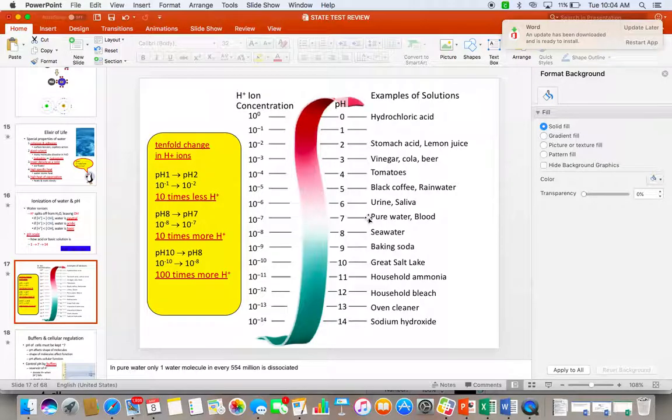If I compare water to vinegar, we know vinegar is going to have more hydrogen, right? So we go 10, 100, 1,000, then it's 10,000. So vinegar has 10,000 times more hydrogens than water. Remember, every time you move, it's times 10.